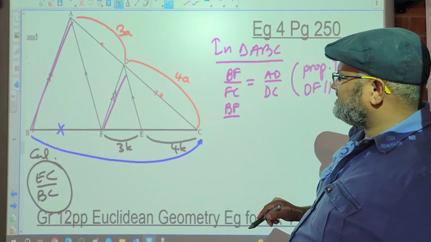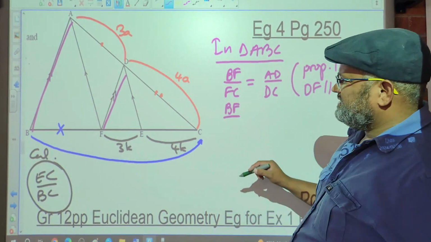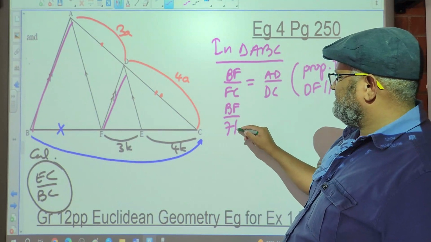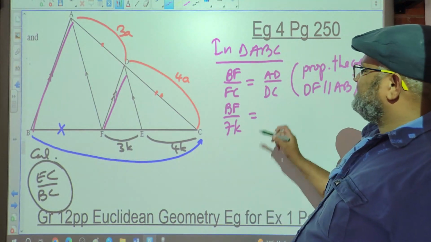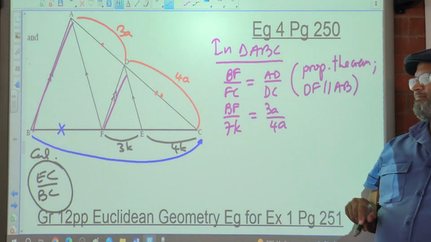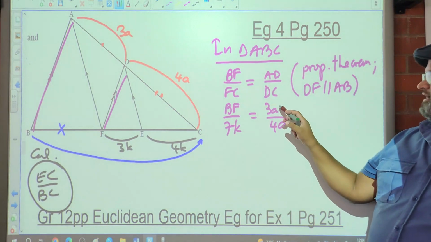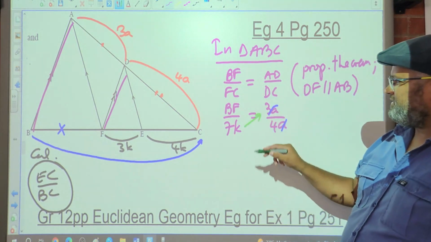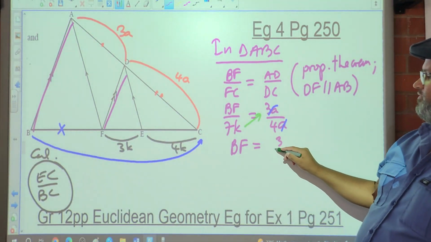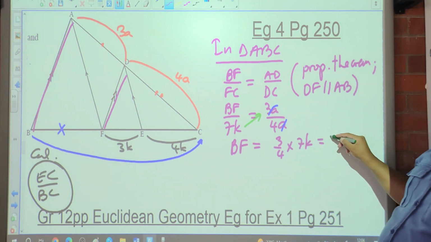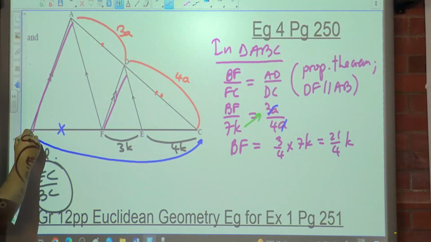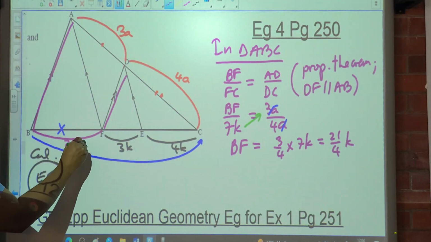BF over FC, which is 7K, is equal to AD, which is 3A, over DC, which is 4A. So the A cancels. Cross multiply. So BF is equal to 3 over 4 times 7K, which is 21 over 4 K. So BF is 21 over 4 K.